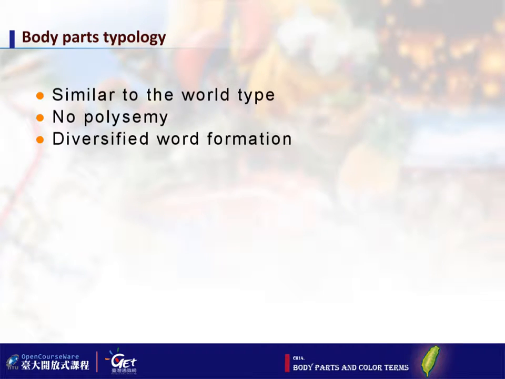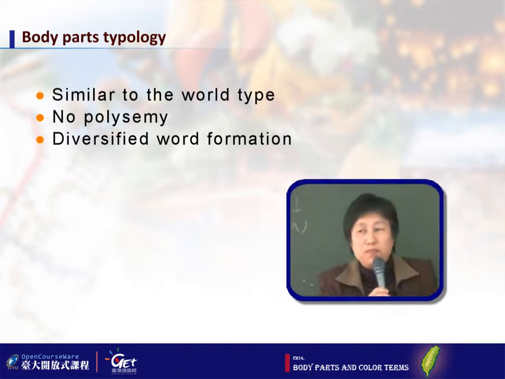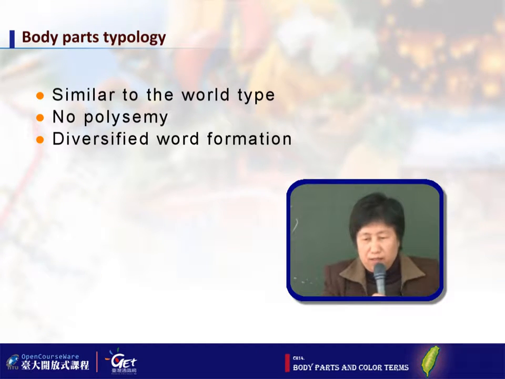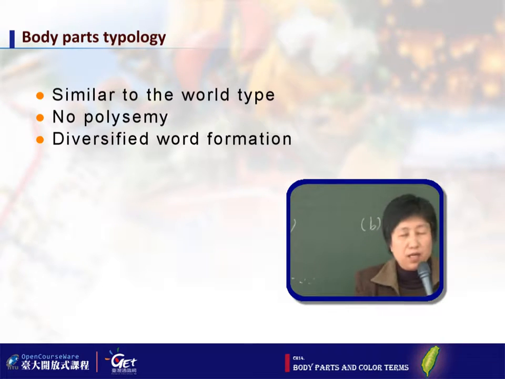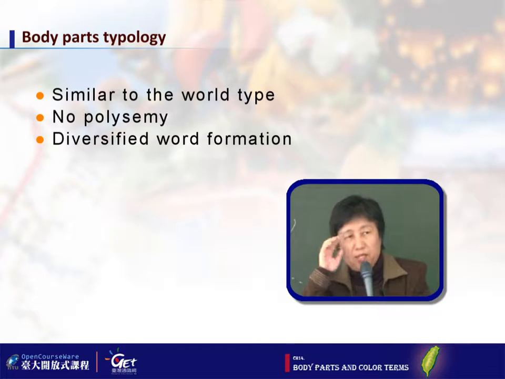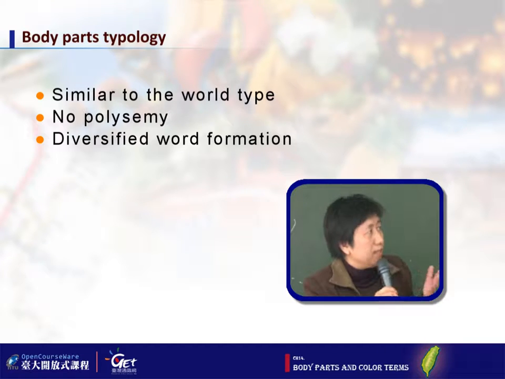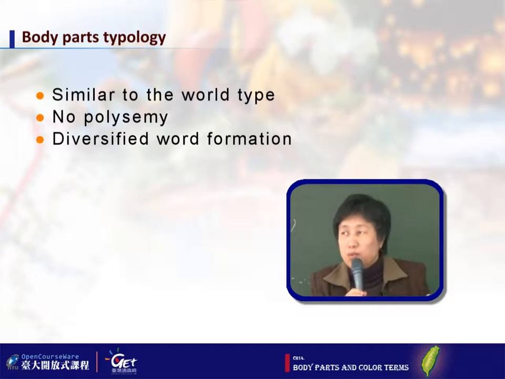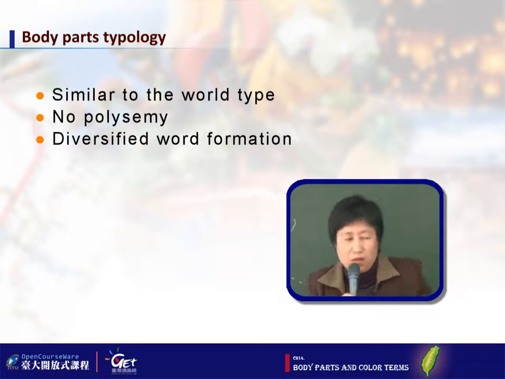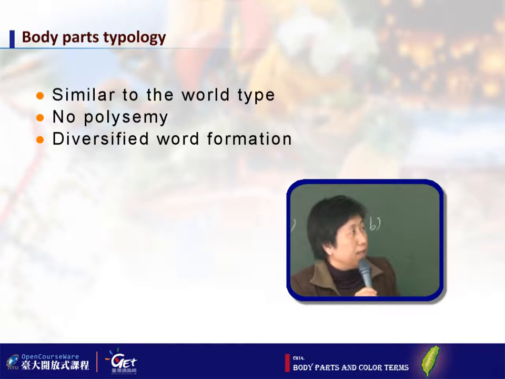We say the body parts typology is similar to the world type. There's very few languages that would have polysemy. But then again, though the pattern is similar to the world type, we see there's a great diversity or complexity in the language, showing that Formosan languages are really the oldest languages in the Austronesian language family.